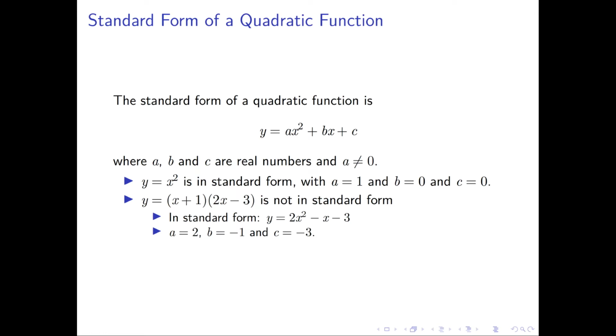The quadratic function y equals x plus 1 times 2x minus 3 is not in standard form, and if it were written in standard form, you would have to use the distributive property to expand, and it would be y equals 2x squared minus x minus 3. In this case the coefficient of x squared, a, equals 2, the coefficient of x, b, equals negative 1, and the constant term c equals negative 3.